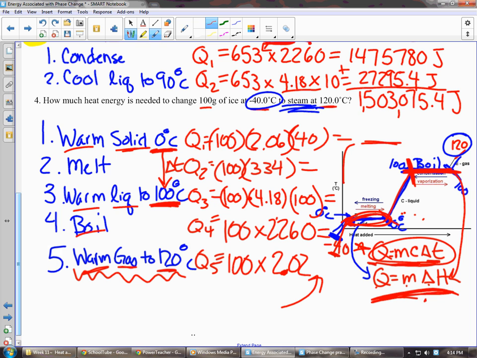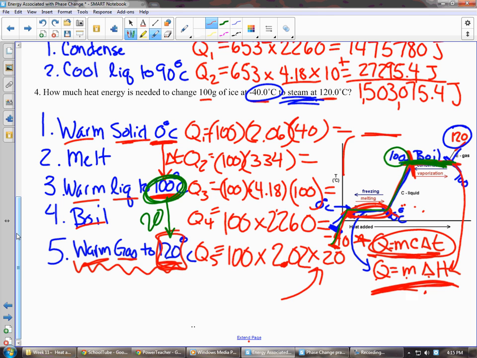Now, a lot of people might say, oh, let's put 120 in there, which is not our delta T. We have already paid to heat it to 0, to melt it, to heat it to 100, and to boil it. We are all the way up here. You have already paid to heat it to 100. So all we have to do is go 20 more degrees. So this delta T is 20.